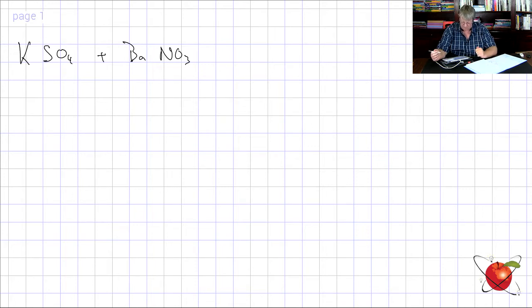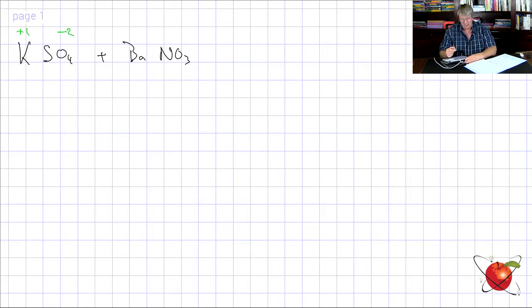So let's see. Before we start, let's get our baby numbers, the subscripts, sorted out first, okay? K is +1. A sulfate ion is -2, right? That's going to be a subscript at the bottom. Barium, where are you?